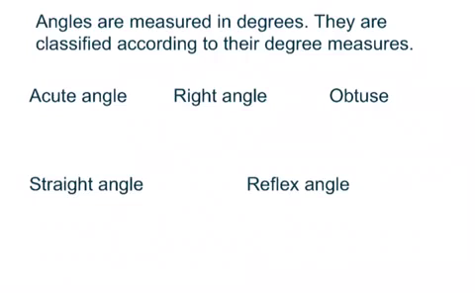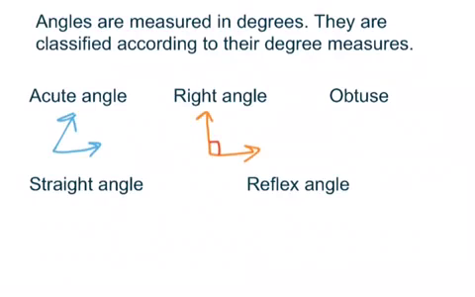So angles are measured in degrees, which we already knew. They are classified according to their degree measures. An acute angle we know is going to be less than 90 degrees. So here's a nice example. A right angle is a perfect 90 degrees. It's got that little right angle box right there.